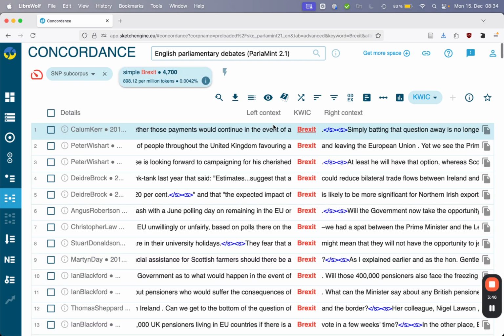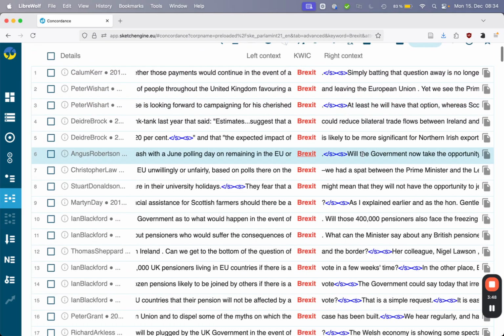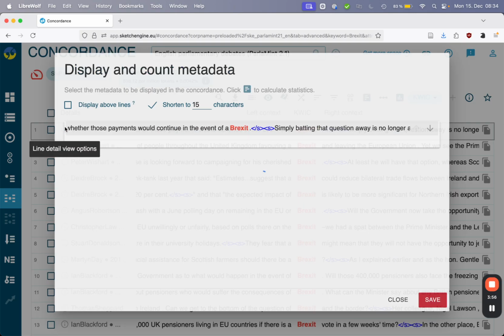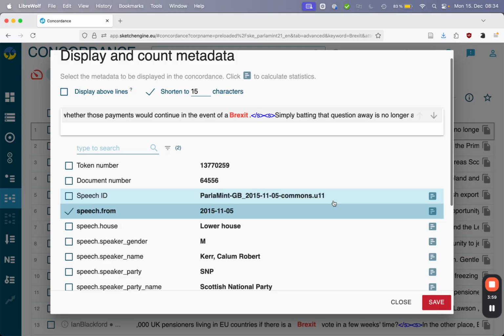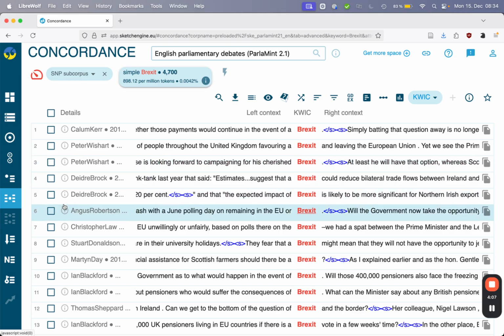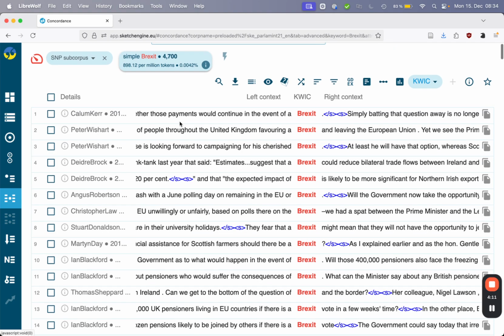And this is going to give me concordance lines containing the word Brexit, but only by MPs who are SNP members. And I can check here. We can see Callum Robert Kerr is also an SNP member, as we expected. So that's how I can use a subcorpus to do searches.